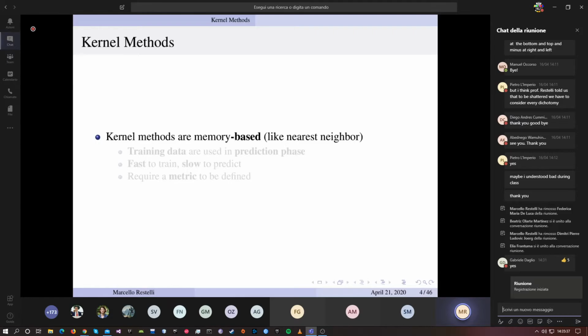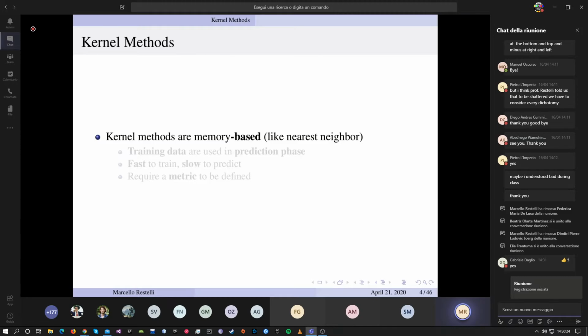You can forget it, because all that was interesting was learned inside the parameters of the model. This is not the same for memory-based methods like kernel methods, because each time you have to make a prediction, you need to go back to the training set and use the memory of your data, because the model is implicitly encoded in the training data that cannot be discarded.